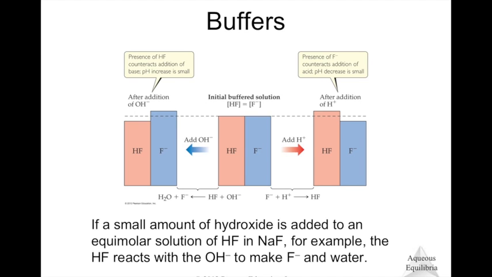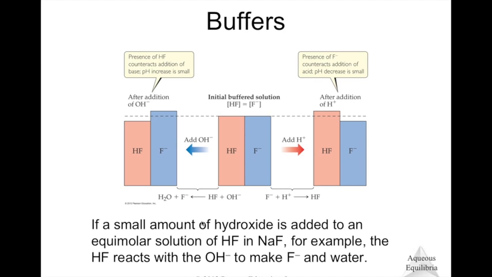So if you had a buffer solution, you've got a weak acid, HF, and you have its conjugate base, F minus. If you made a solution with equal concentrations of those two, this is your buffer solution. It's got some concentration of hydrofluoric acid and an equal concentration of F minus ions.